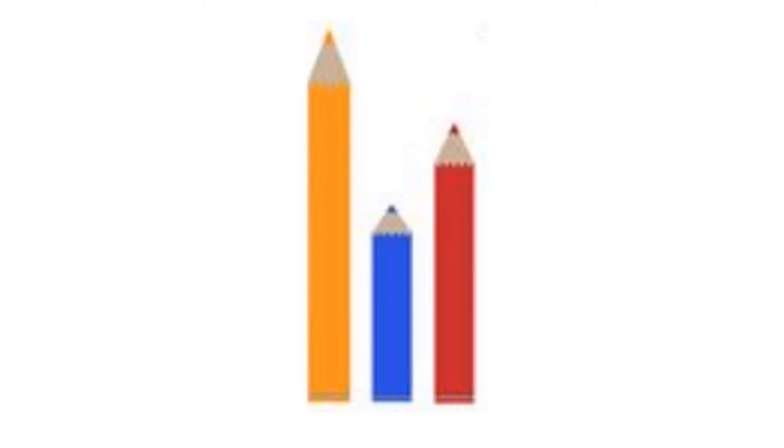Here we have 3 pencils. The orange one is 4 centimeters long. How long is the blue pencil? How long is the red one? Well, I don't know exactly, but I have a good idea. And you?